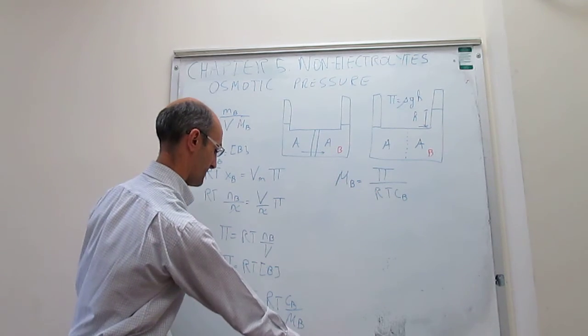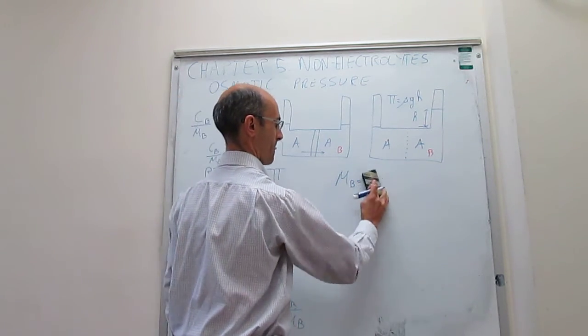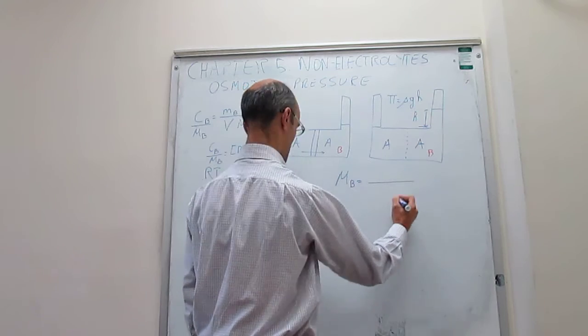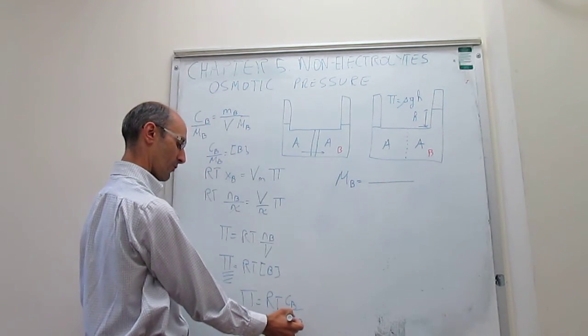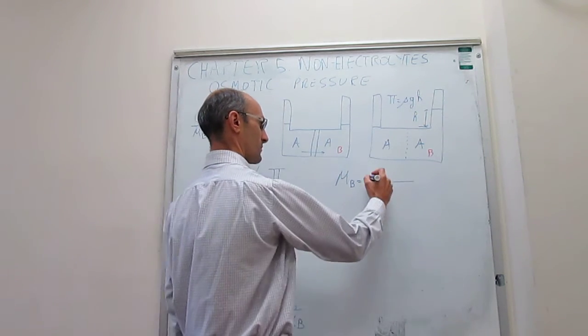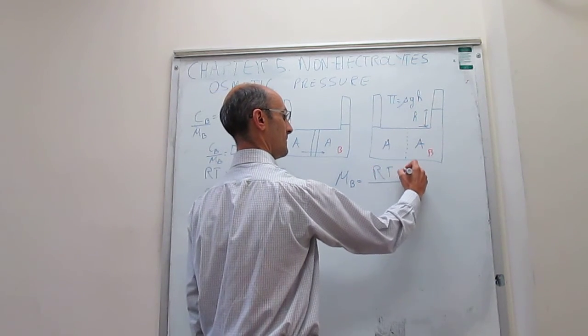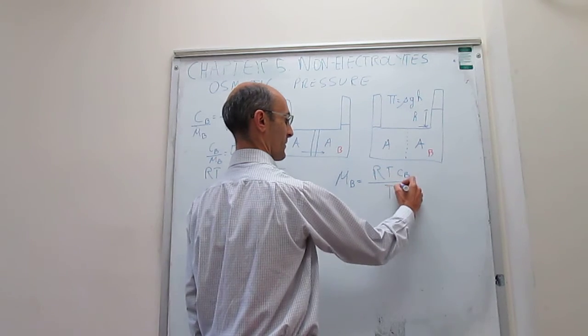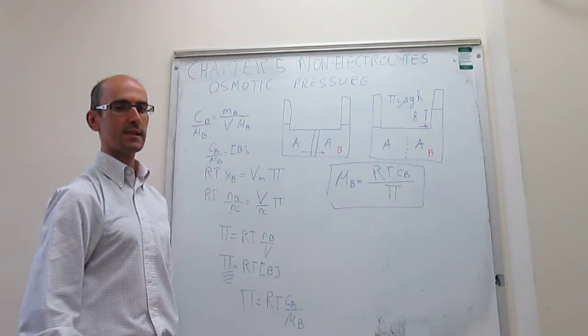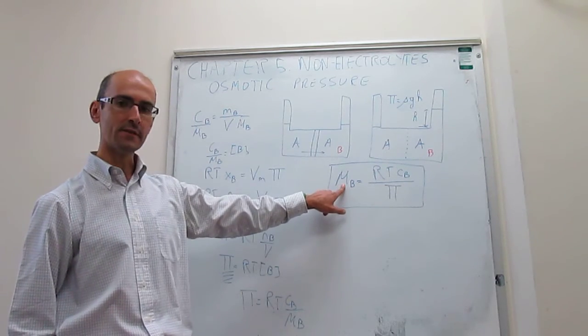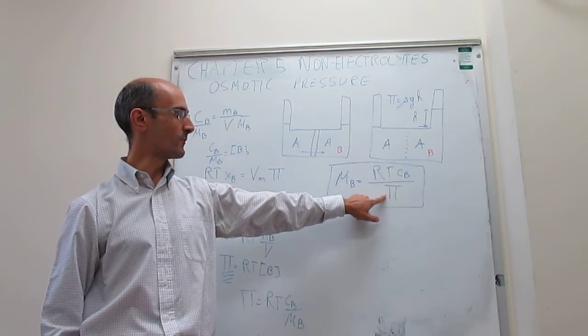Actually, it's the other way around. It's going to be equal to, again, solving for the molar mass, RT, mass concentration over the osmotic pressure. This is how you can calculate the molar mass of a solute that is unknown using the osmotic pressure device.